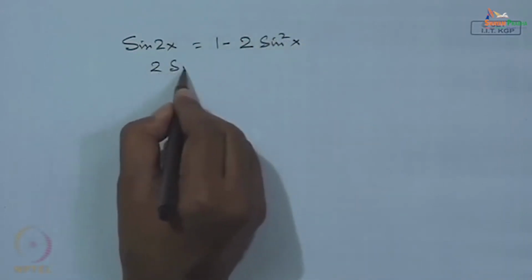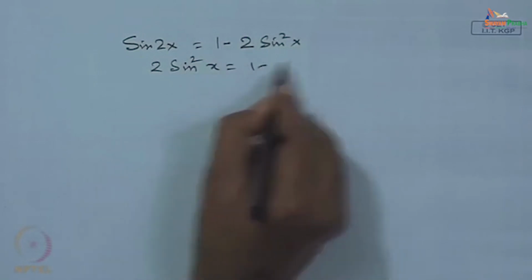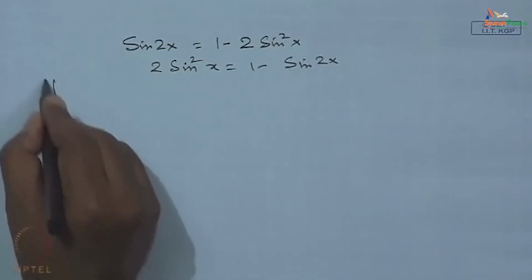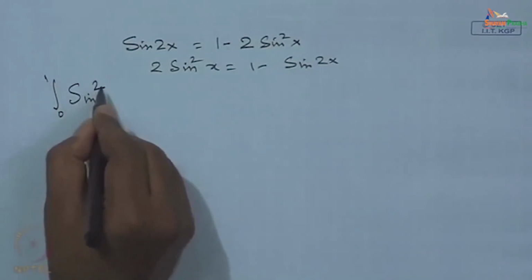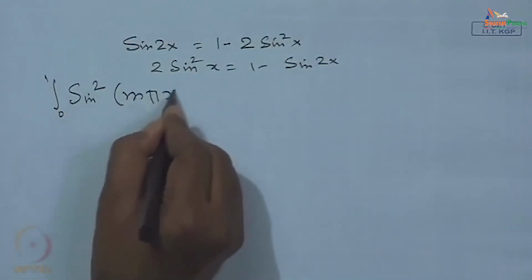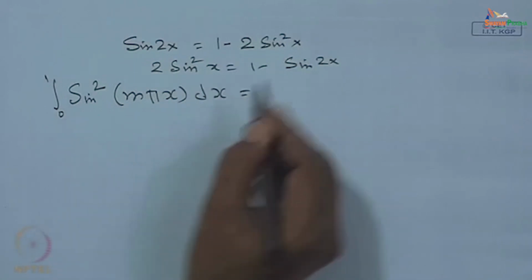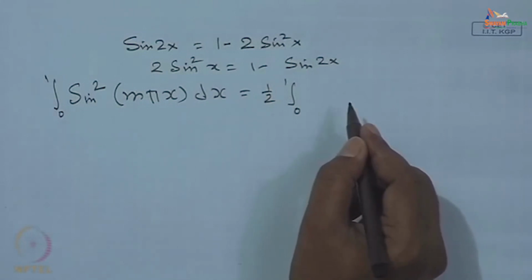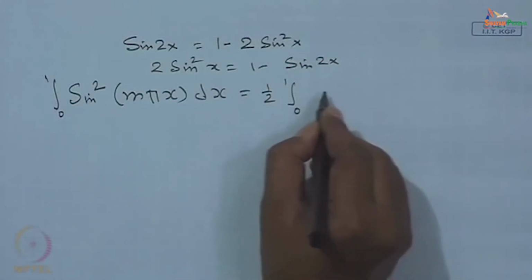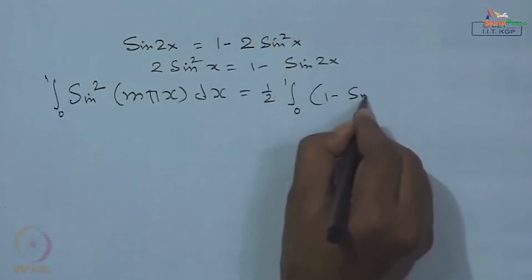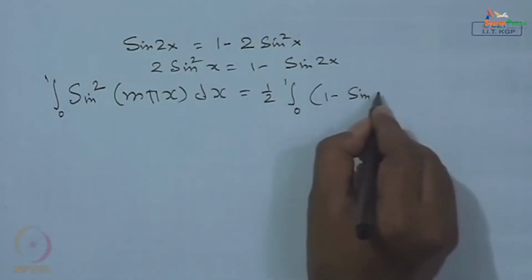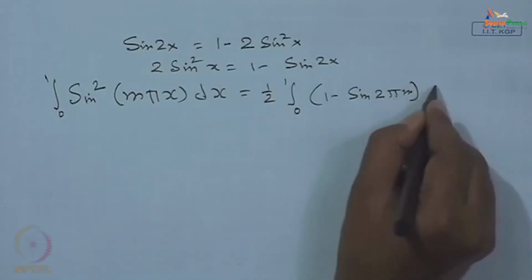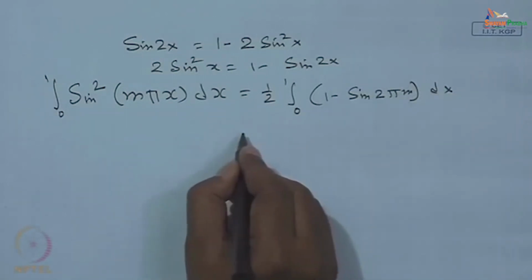So, 2 sin square x will be 1 minus sin 2 x, substitute there.